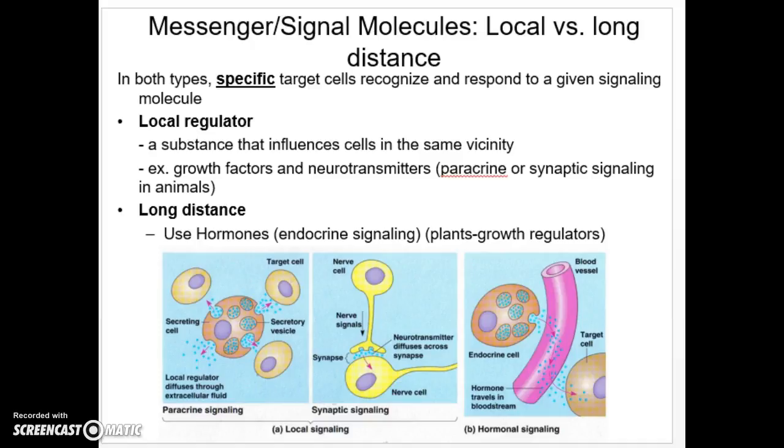This local type of cell signaling is called paracrine or synaptic signaling. The other type, the long distance, is going to be using hormones and is called endocrine signaling. And so this is, of course, hormones, are made in one part of the body. They're secreted into the bloodstream and travel a long distance to get the response.